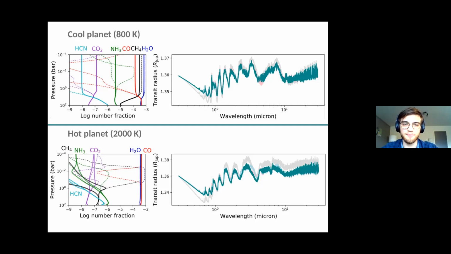It is expected, however, that photochemistry will play a role in the higher altitudes mostly. Now, we are not very high in the atmosphere, and most of the contribution to the transmission spectrum comes from the layers around 10 to 100 millibar, something like that.